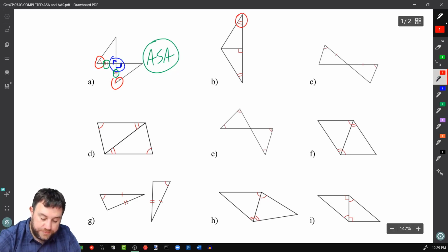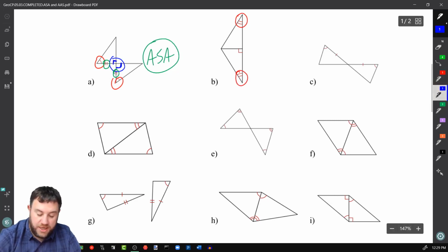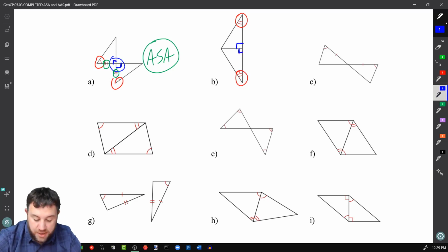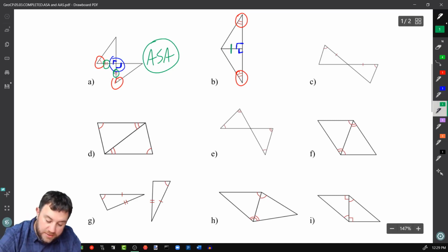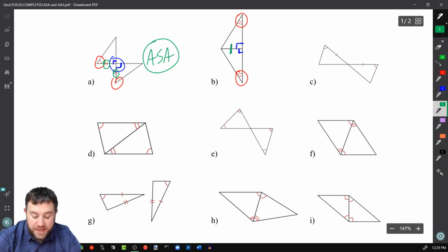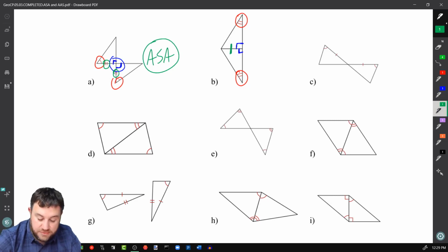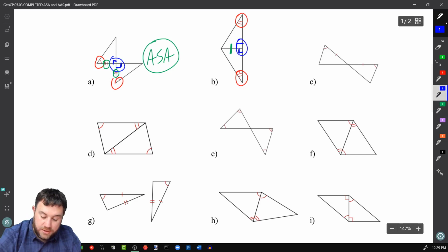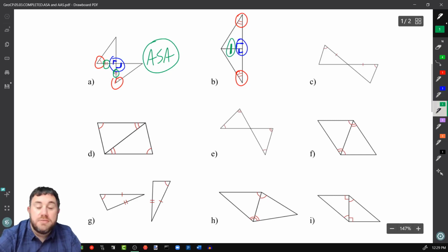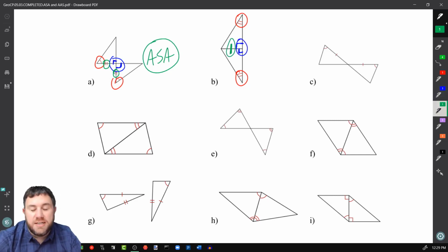For B, we've got those congruent angles. Again, because we've got that perpendicular box, we know that the one next to it's also a right angle. And they share a side, so we know that side is congruent to itself. So here we've got two pairs of angles and a pair of sides, but the side does not connect our angles.